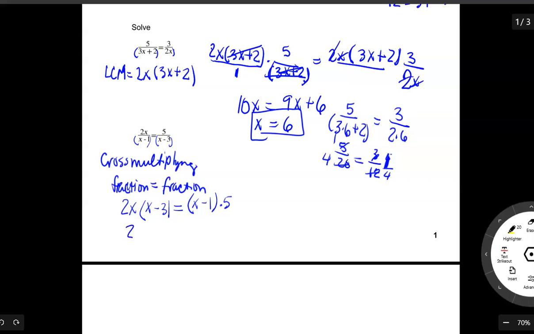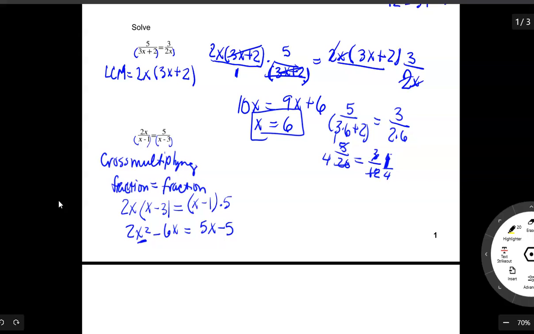So now we can distribute to get 2x squared minus 6x equals 5x minus 5. And since I have a quadratic equation, I have an x squared.